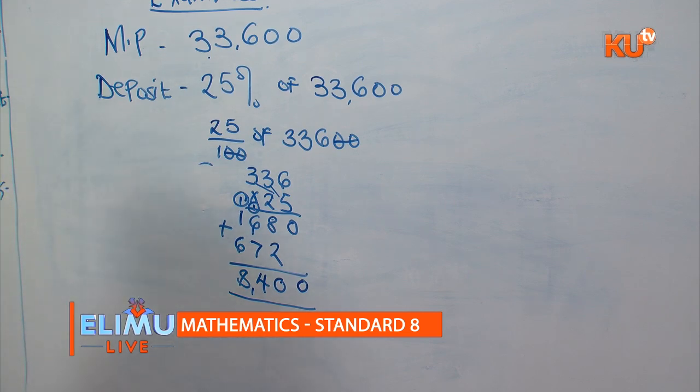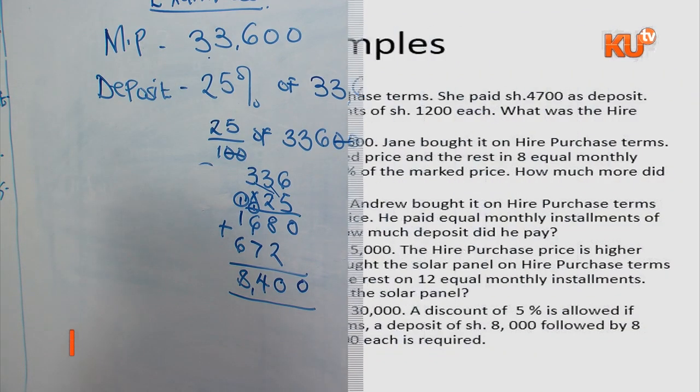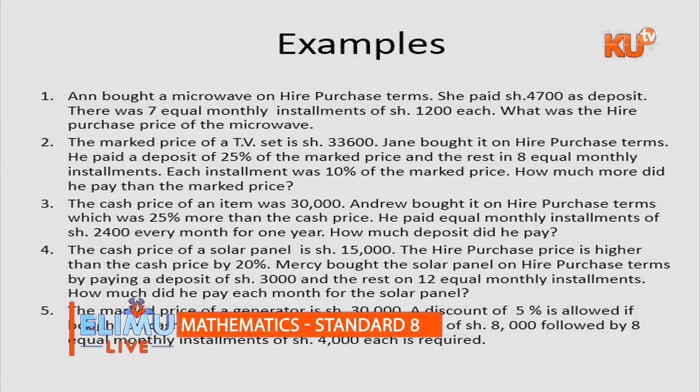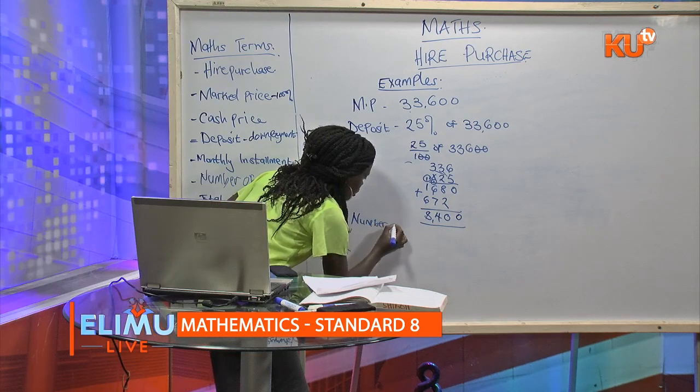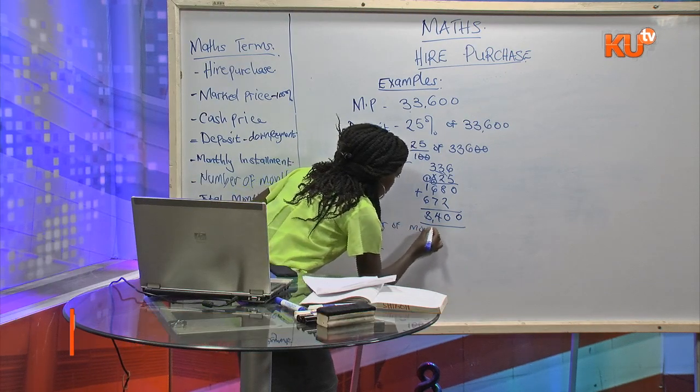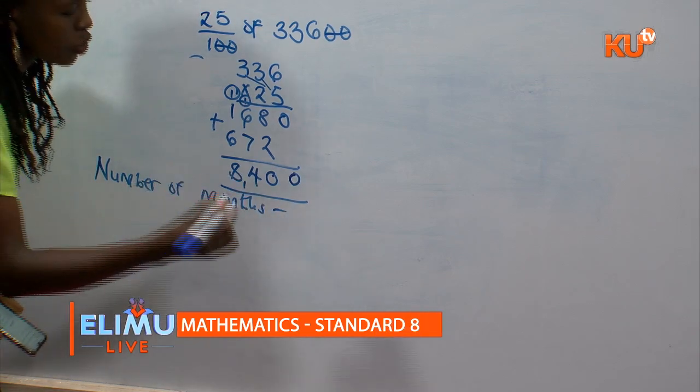We continue with our question. The statement continues to say that the rest is paid in 8 equal monthly installments. So we have the number of months: 8 equal monthly installments.